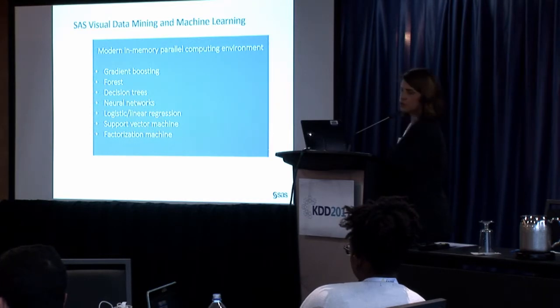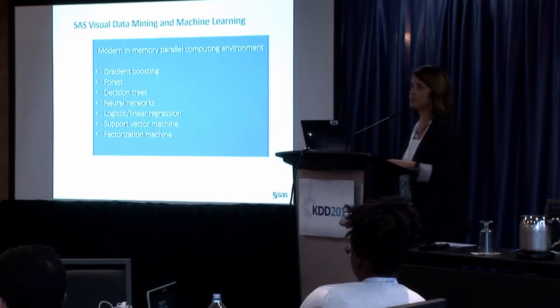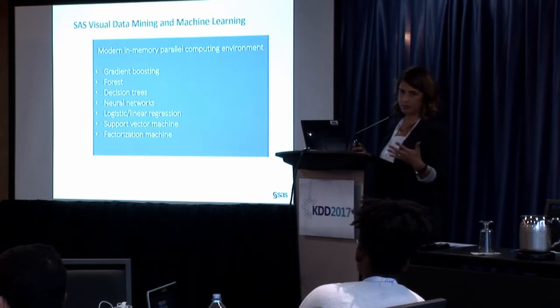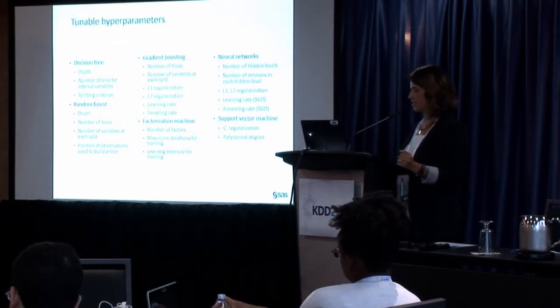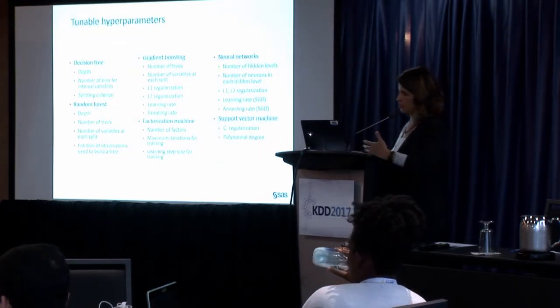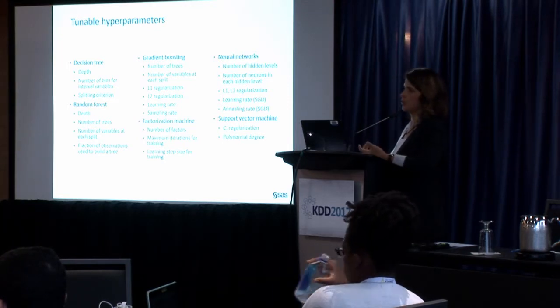Each of those modeling algorithms comes with a set of hyperparameters that you need to specify before you start to train your model. These are called hyperparameters because they are not optimized during the training stage.